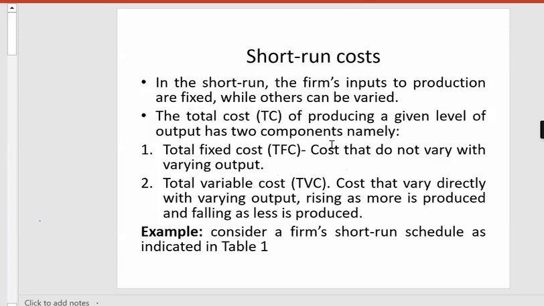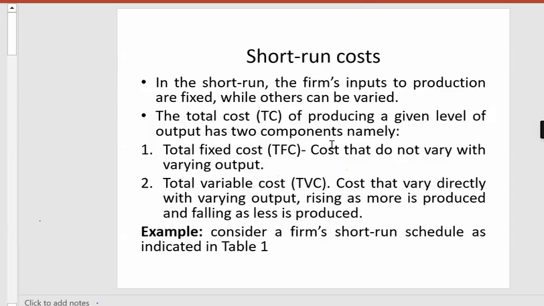But when you say total variable cost, these are inputs that vary. The cost of that input must vary. Kwa mfano, if you employ 1 labor, the cost of paying 1 labor is 1 million. Let's say you are paying 1 million per labor. If you employ the second, you have to pay 1 million times 2.